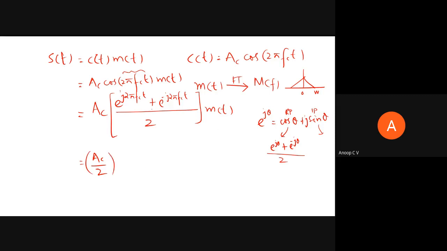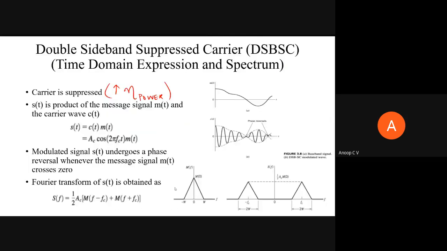And we have m of t into e power j 2 pi fct plus m of t into e power minus j 2 pi fct. So it reduces to AC by 2, a constant, times two terms: the first is m of t multiplied with e power j 2 pi fct, and the second is m of t multiplied with e power minus j 2 pi fct.